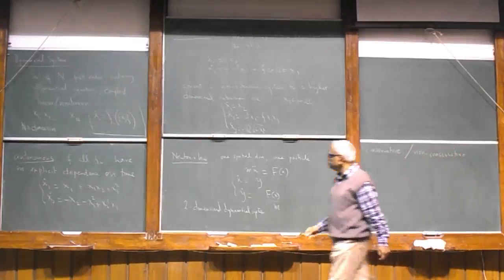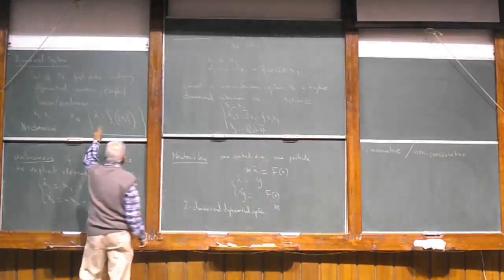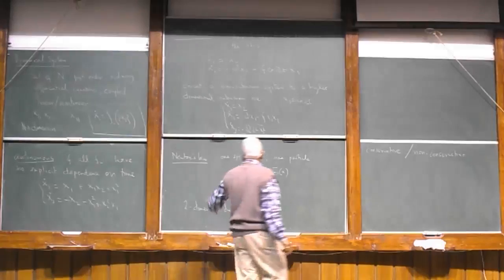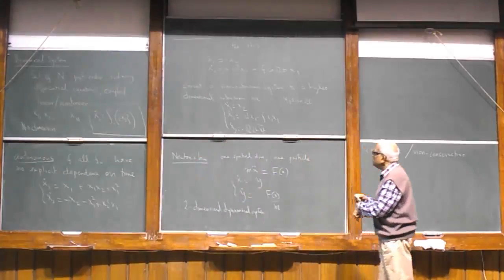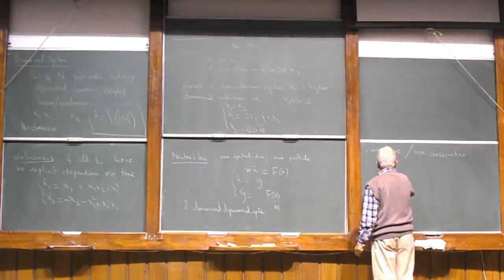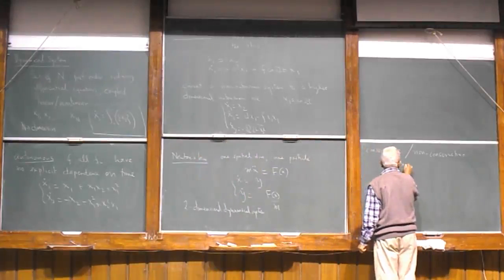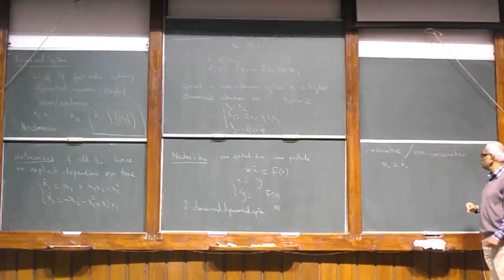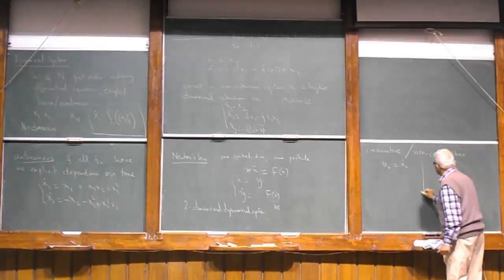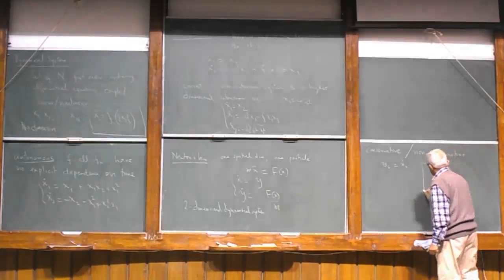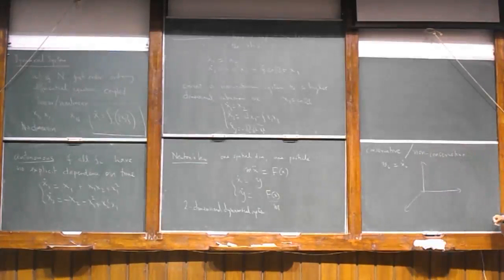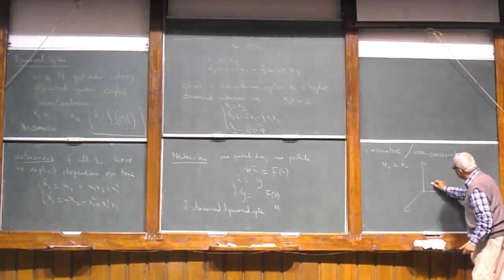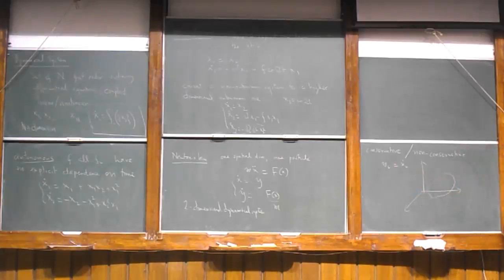All right, so now what to do? In this space of xi's, what these equations are telling me is that you have specified the velocity vector, which is this xi dot. So in this supposedly n-dimensional system, you are given a block of initial conditions.